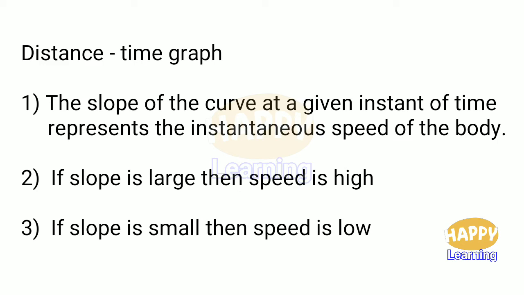If slope is large, then speed is high. If slope is small, then speed is low. So the slope decides the speed. Slope of the distance time graph decides the speed. More the slope, more the speed; less the slope, less the speed.